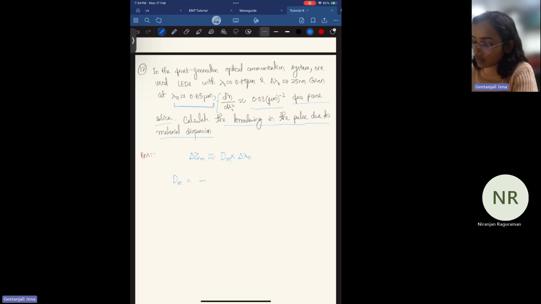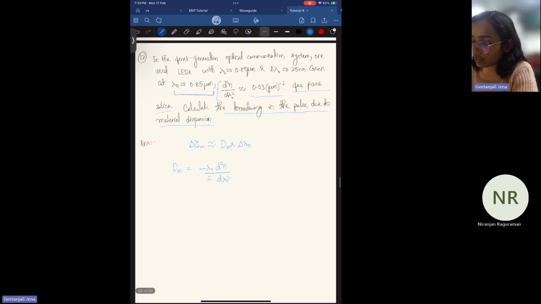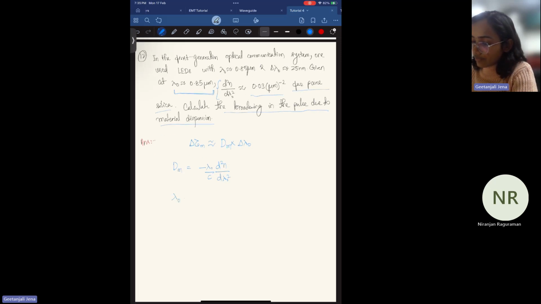So Dm is minus lambda 0 by c times d square n over d lambda 0 square. All the parameters are given, so you can easily calculate Dm for this situation. Lambda 0 is given as 0.85 micrometer and d square n over d lambda 0 square is 0.03 micrometer inverse square.